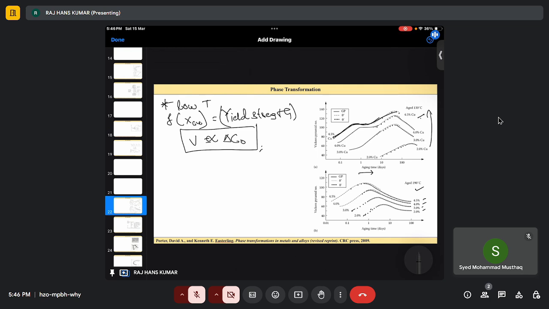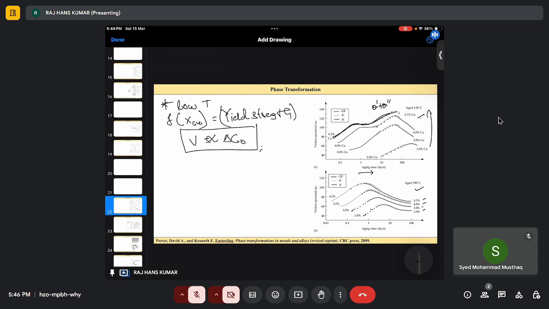There is a combination of theta prime and theta double prime. And because theta double prime doesn't have coherency, we need our dislocation to cut through the precipitates. That means more energy is needed to cut through when compared to the Orowan mechanism.